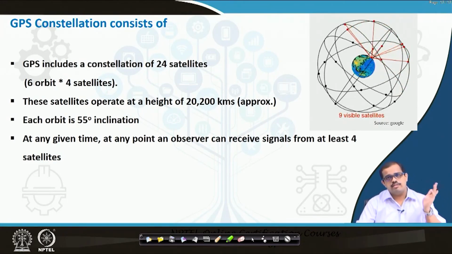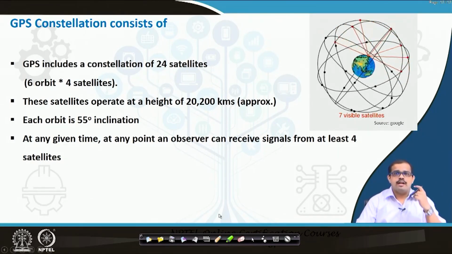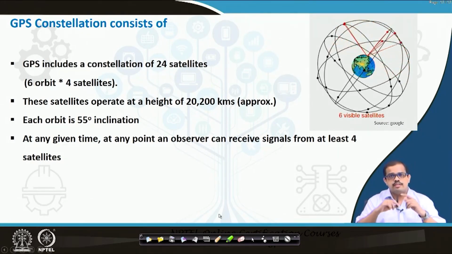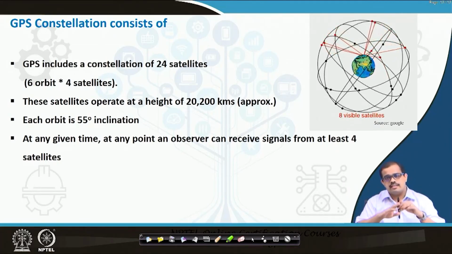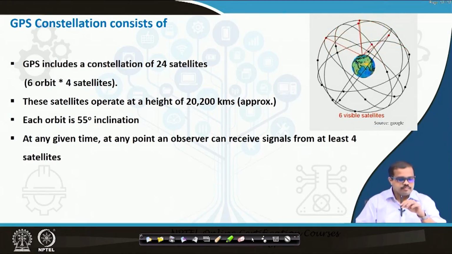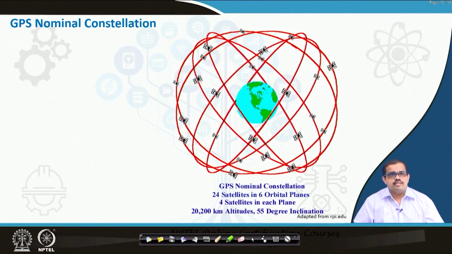Sometimes it is 6 to 8 signals all the time. Okay, 4 is the minimum number of signals that you need. I'll explain why you need 4, but you need at least 4. The maximum that you can get is about 8 satellites at any point of time. Okay, so this is the nominal constellation of the satellites. As I explained, you have 6 orbital planes, at 55-degree inclination.